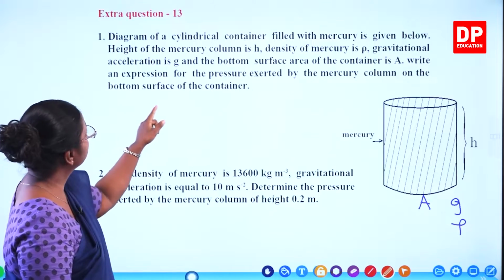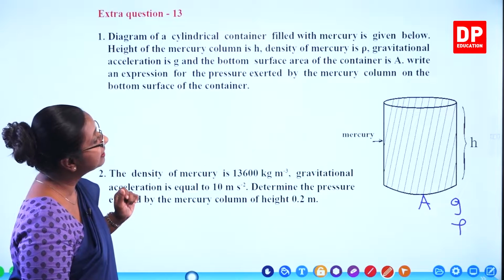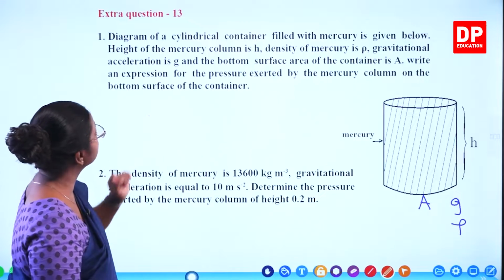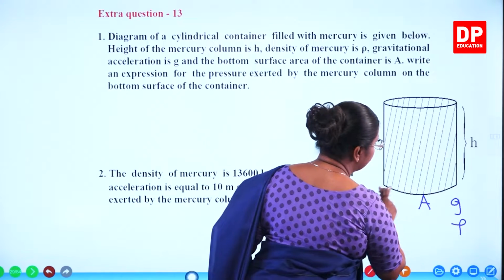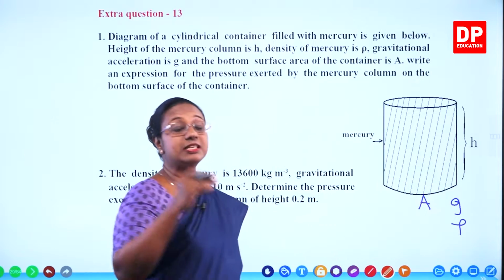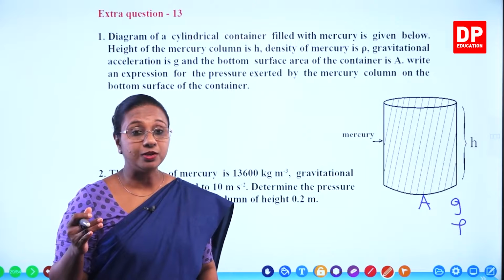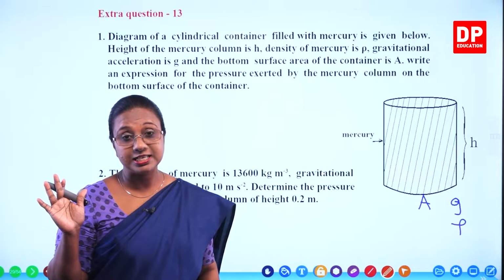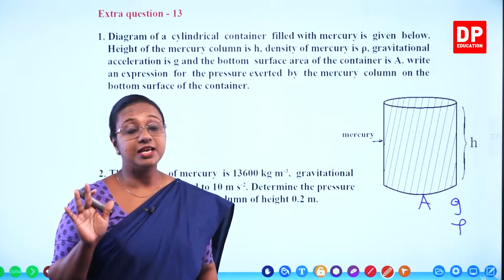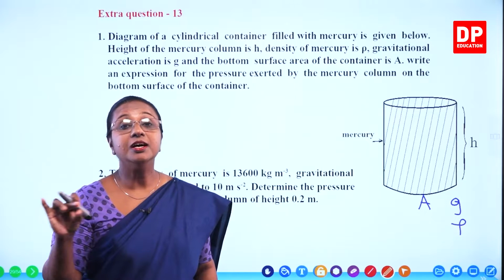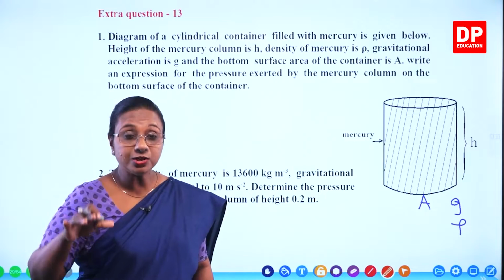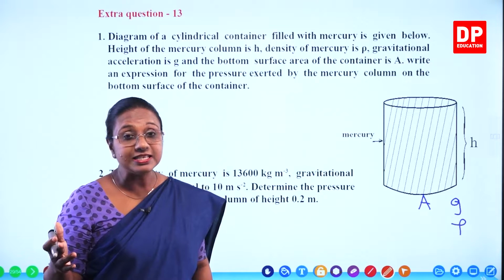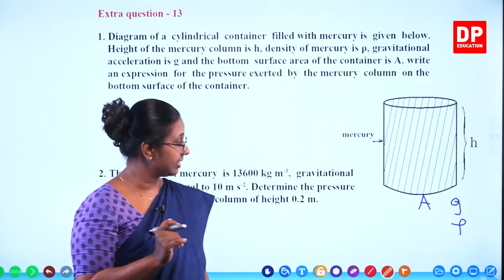Write an expression for the pressure exerted by the mercury column on the bottom surface of the container. Although they have given us the area, when we consider the pressure exerted by a liquid column, we don't have to consider the area. You know the equation for pressure. Pressure is equal to height of the liquid column into density into gravitational acceleration.